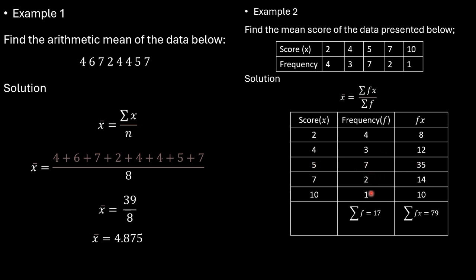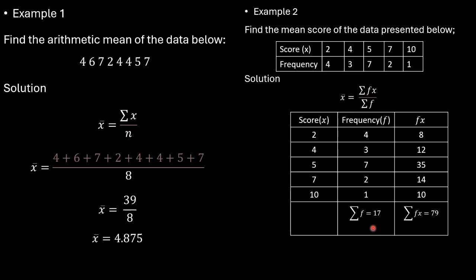Now, we total the frequencies of all the values in the frequency table, that is 4 plus 3 plus 7 plus 2 plus 1, and that gives us our summation f, which is 17.